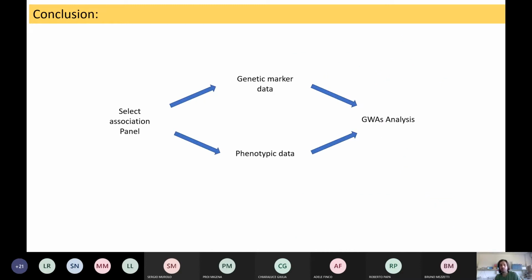So, concluding, in order to carry out a genome-wide association analysis, we have to start by selecting an association panel, created from a natural population, and then we have two paths to follow. We have to phenotype the population and create a genotypic data set from genetic markers, and then we can run the genome-wide association analysis. By now, in the 1.5 years of my PhD, we created an association panel for chickpea for my project.